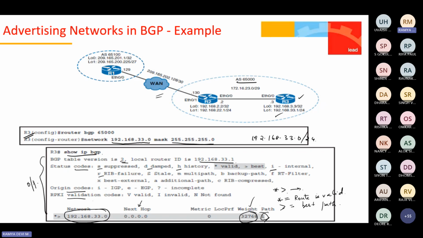This particular address, 192.168.33.0/24, is already there in the routing table, so BGP is able to advertise it. We can verify with show ip bgp. This will confirm that the route is valid, whether it is the best one, and whether it is advertised to neighbors. All the detailed information is provided.